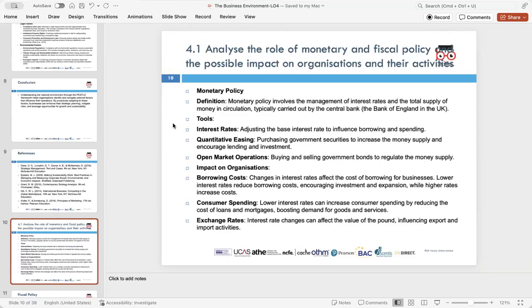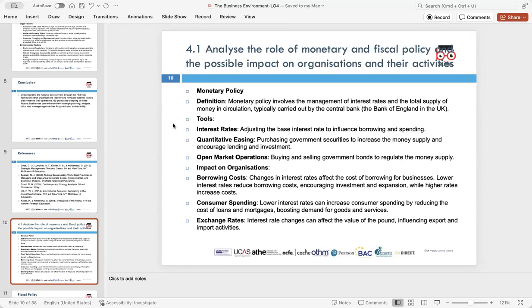So next one is to analyze the monetary and fiscal policy and the possible impact on organizations and their activities. Monetary policy refers to the management of interest rates and the total money supply in circulation.